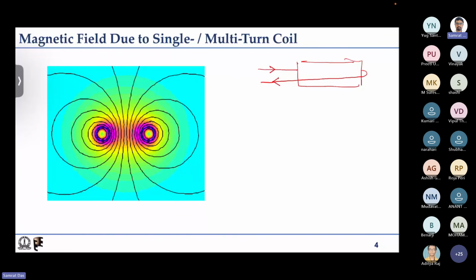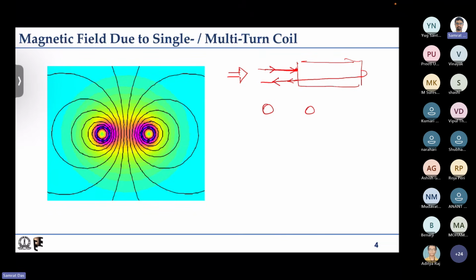If we look at it from this side, on this side the conductor has some cross-sectional area and the current is going into that surface, and on this side it is coming out of the surface. So this case can be represented by this figure.